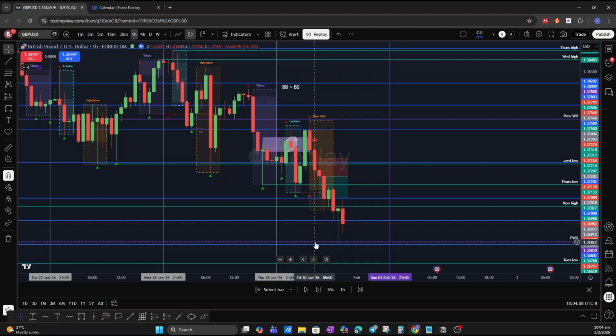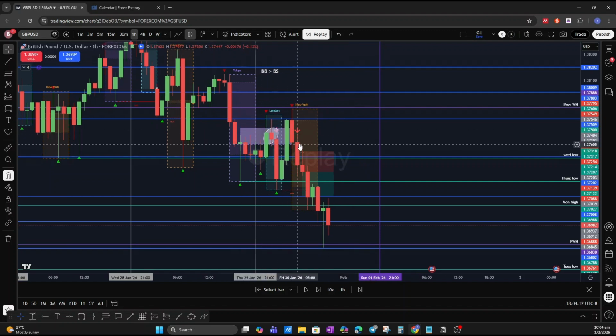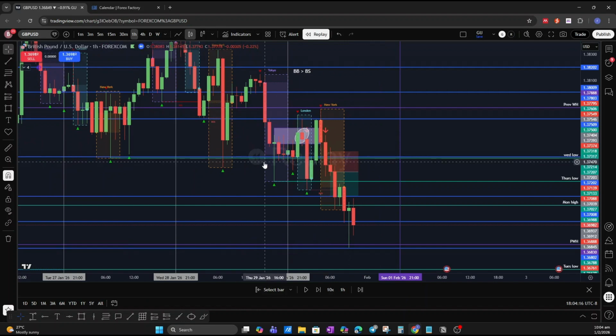After this candle, there was a bearish cluster right here, which happened at a significant level of Wednesday's low right here and 500 level. So the 1 a.m. candle did break through these two significant levels, or rather more the Wednesday's low.